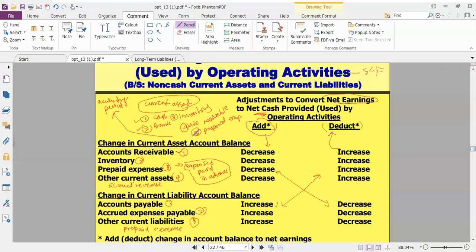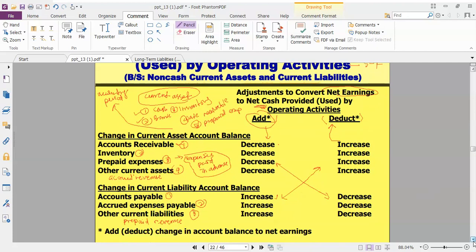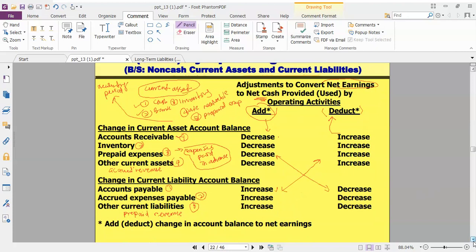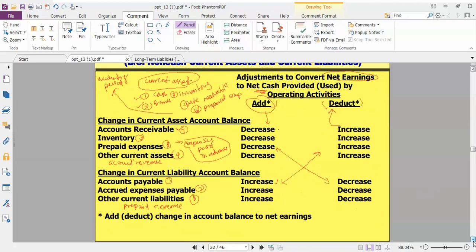What are they? Accounts receivable, inventory, prepaid expenses, and accrued revenue are the non-cash items under current assets. What next? For the current liabilities, there are also non-cash items, that is accounts payable.